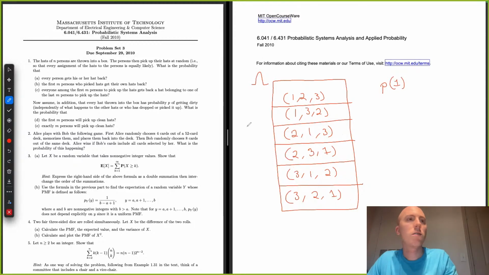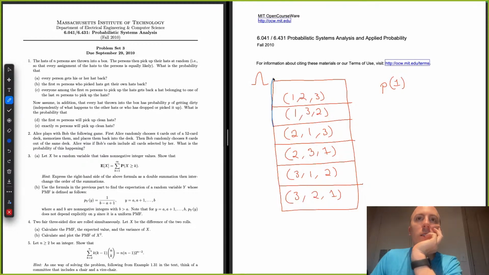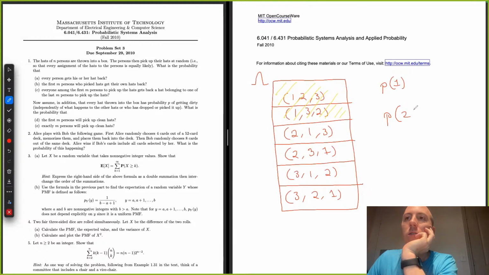Maybe a better way to do it is we're in this conditional universe right here. No, let's actually do it this way. This is good. This is where we are. So that happened. So now we say probability of 2 given 1.